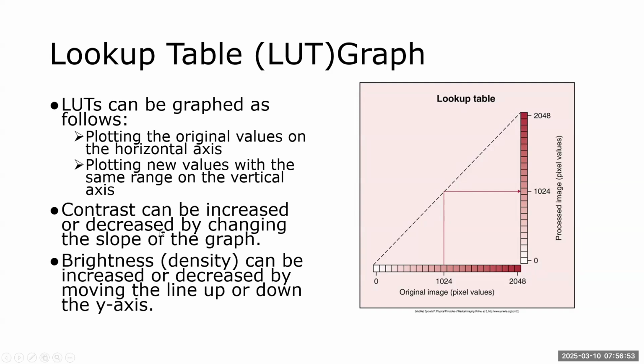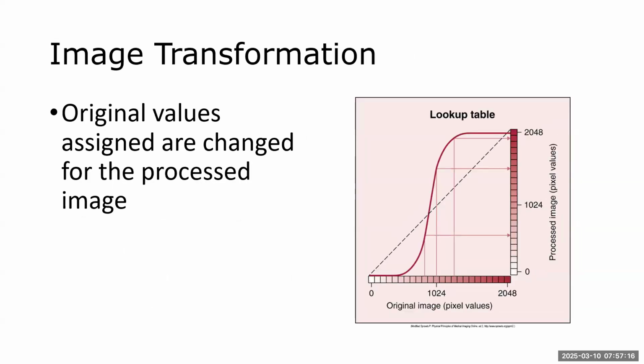But this statement right here says contrast can be increased or decreased by changing the slope of the graph. So to change contrast, we change the slope of this graph. To change brightness, the slope doesn't change, we just shift the line left to right. And that's what we're going to do in lab this week.